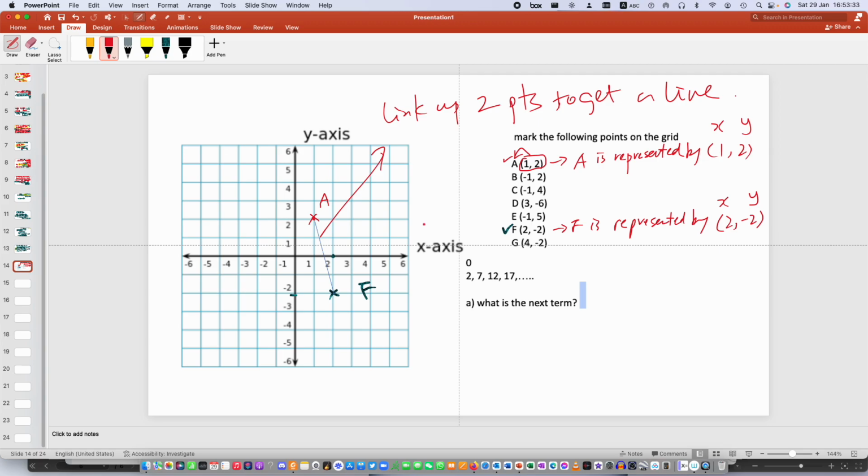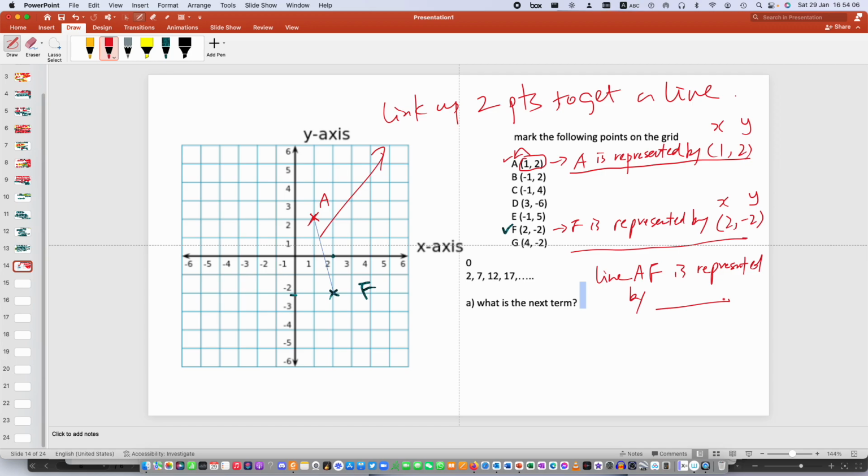So now there is a name for a line. Since A is represented by this and F is represented by this, what is this line called? This is called line AF. So line AF is also represented by something, and you are asked to find this something.